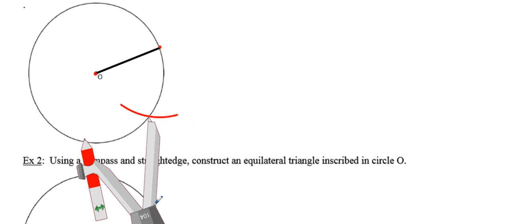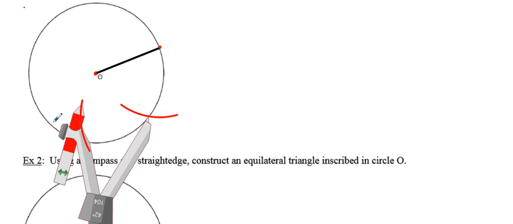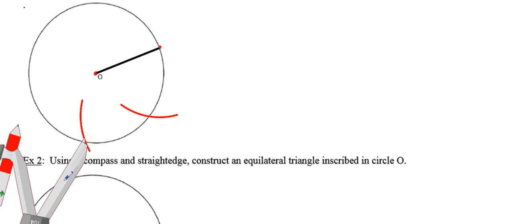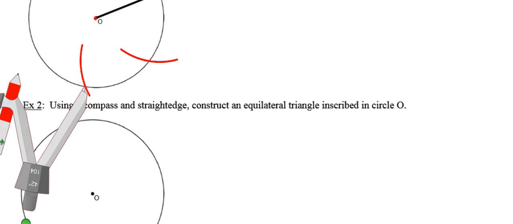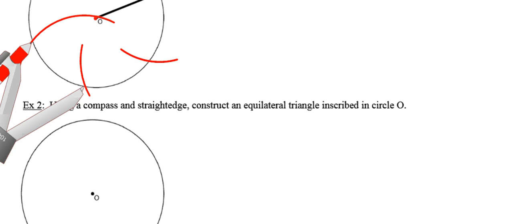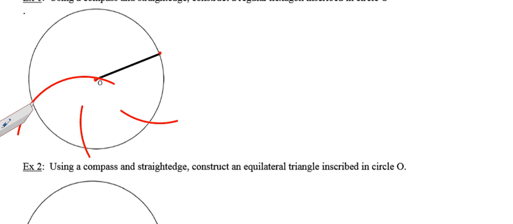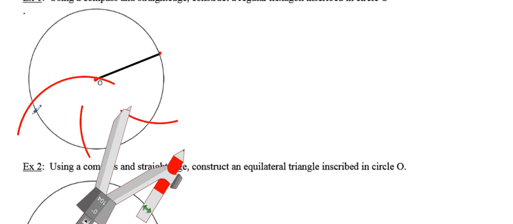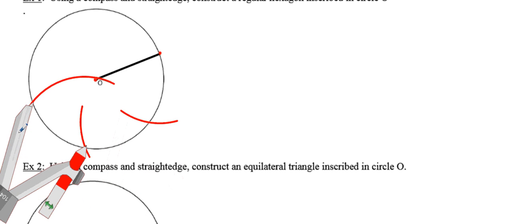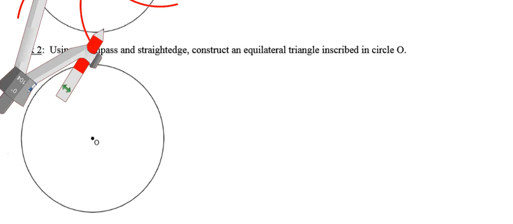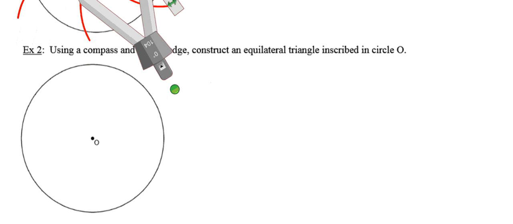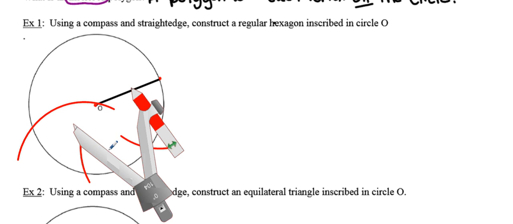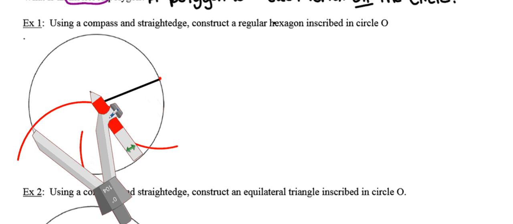And then I can go ahead and draw the second arc, and I'm just going to continue all the way around the circle. You're probably at this point getting this done more quickly than I am.